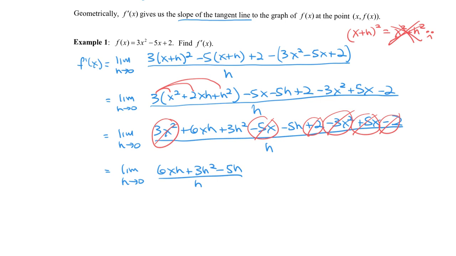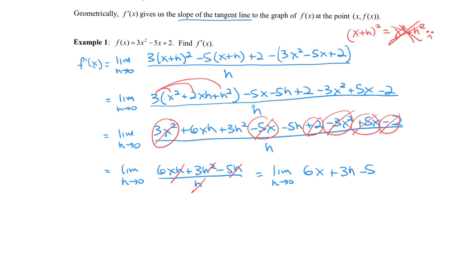So we still have 0 over 0, but we have an easy way out now. Every term, there's 3 terms up here, 1 down here, they all have an h, so we could cancel an h out. Cancel that h, cancel one of those, cancel that h, cancel that h. And we get the limit as h approaches 0 of 6x plus 3h minus 5.